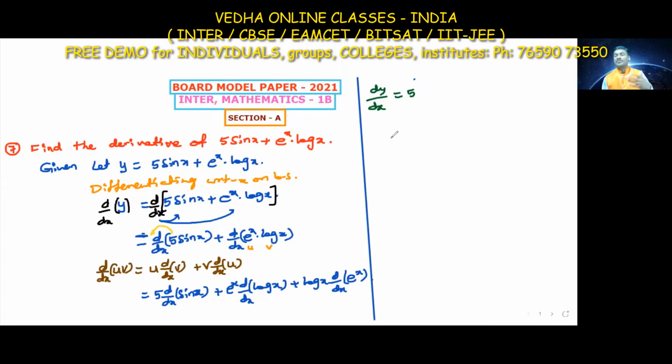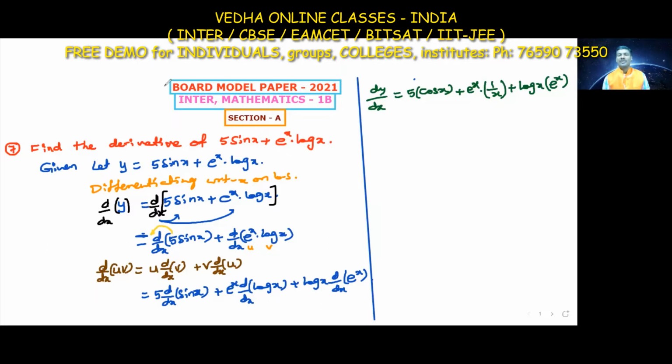Here I am going to use the formula d by dx of sin x, which is cos x, plus e power x as it is, and d by dx of log x. For log x we have the formula 1 by x, and log x outside as it is, and d by dx of e power x. The e power x formula is e power x only.